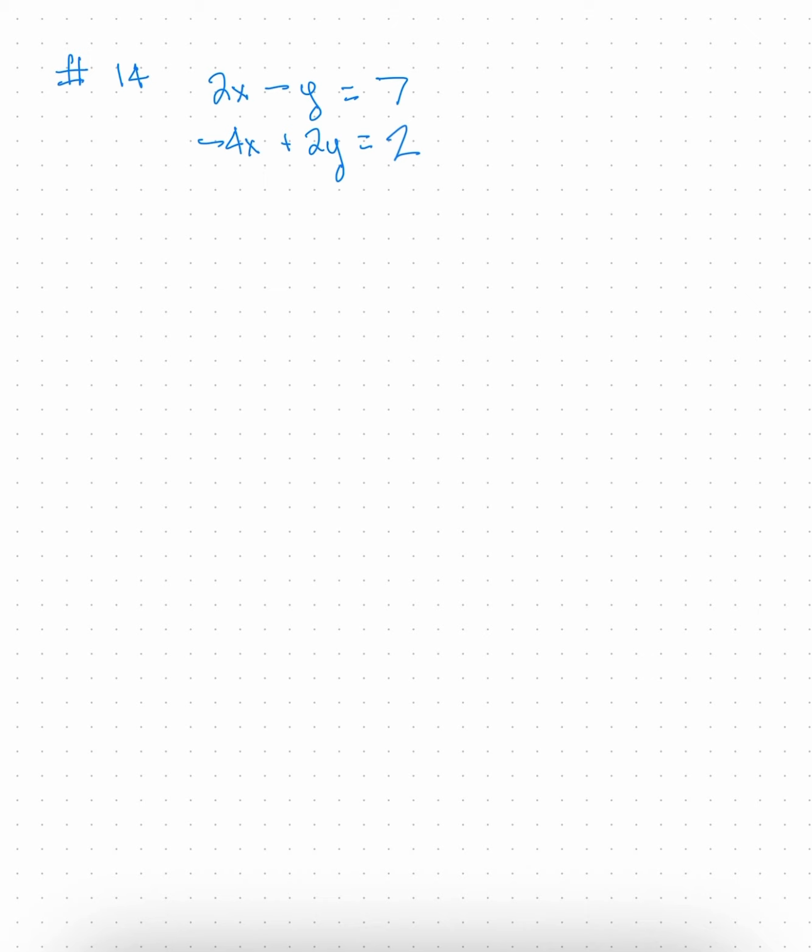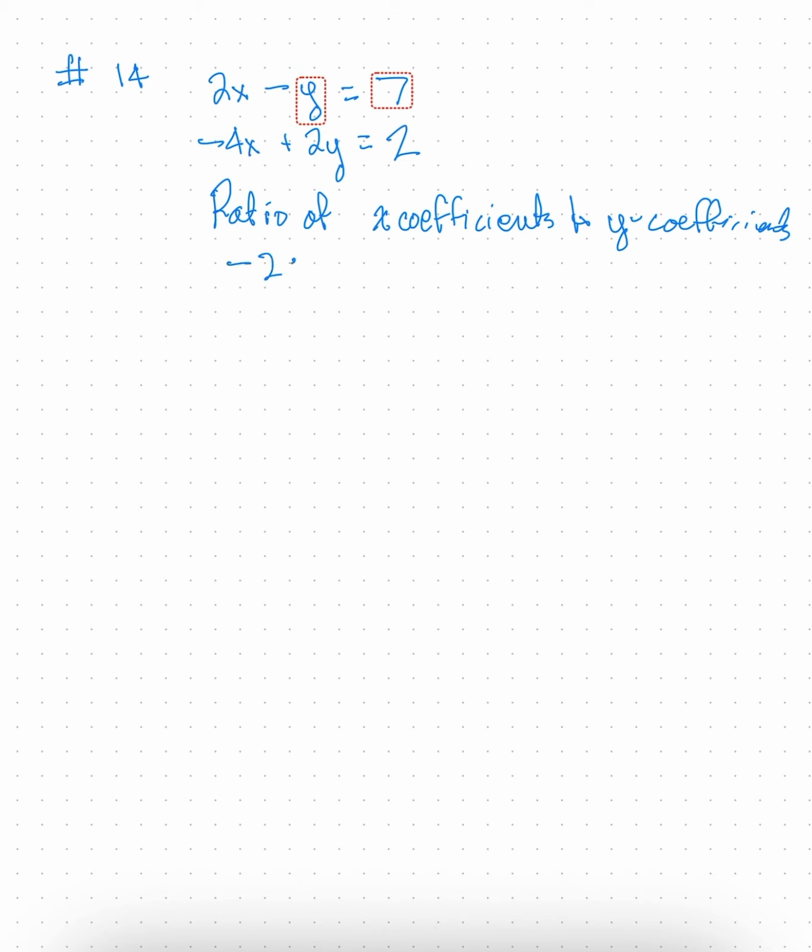The way we would do that is look at the ratio of the x coefficients to the y coefficients, and we would see that it is -2 to 1 in both of these equations.